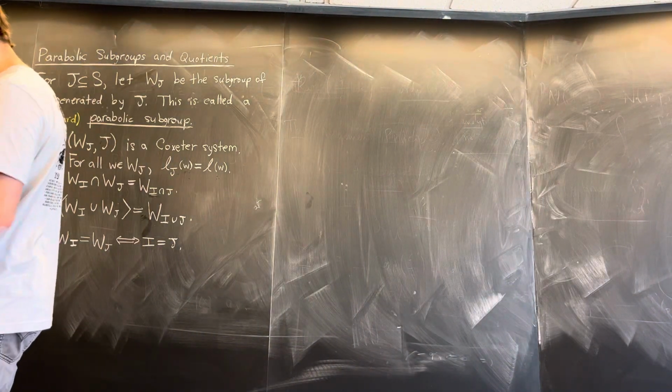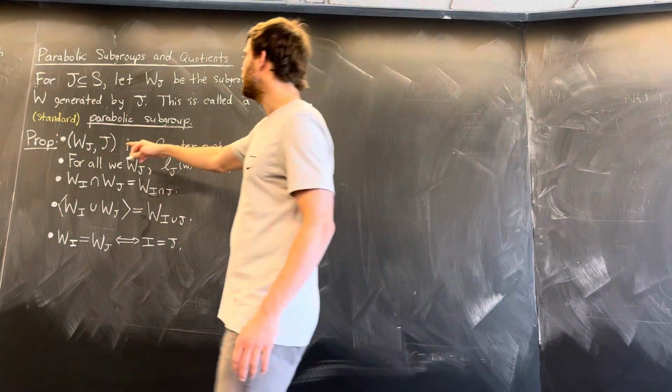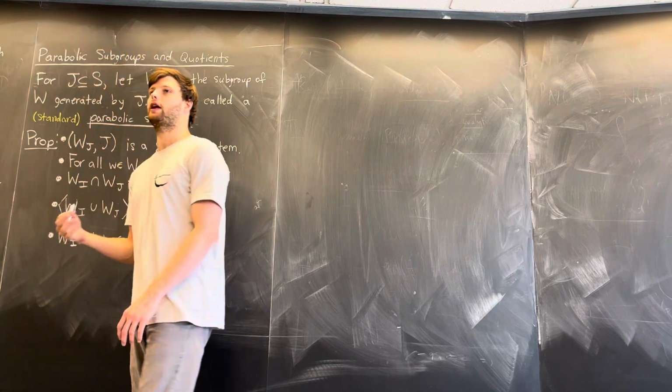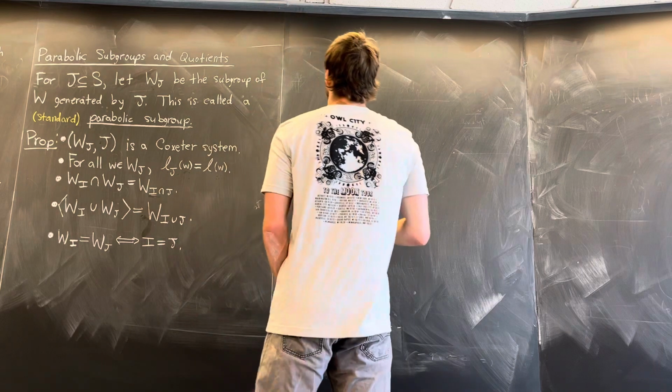Okay, so one other thing is that if W sub J is finite, then we know that any finite Coxeter group has a long element, so we can talk about its long element.